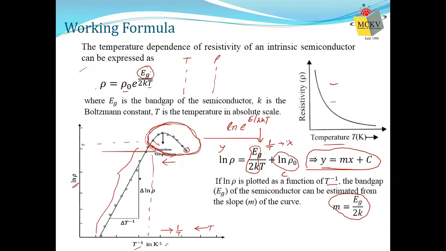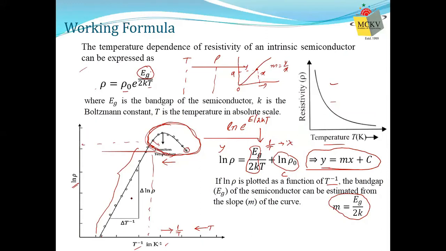Now for the other experiments, suppose in the case of Hall or Young's, which sir will discuss in more detail, you had a graph where the line was passing through the origin, and that's why you could take any arbitrary point, estimate y as well as x, and the slope was simply y by x.